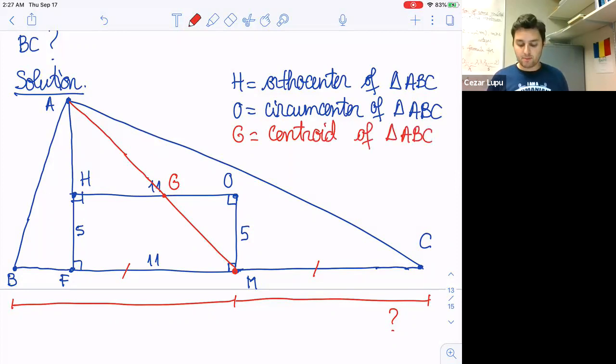M is the midpoint of BC, so the line segment AM is nothing else than the median from A. And the intersection of all medians is the one point where they meet, and that point is the centroid of the triangle. Great.